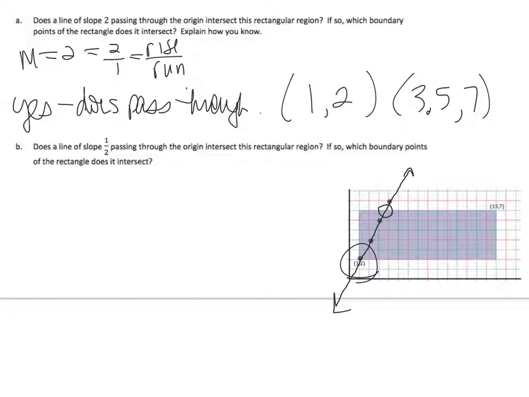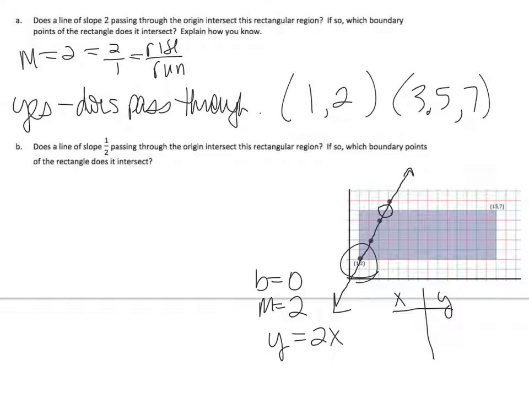How do you know? Well, I drew it. But I do know this is an equation. My y-intercept is 0. My slope is 2, so I can write the equation y equals 2x. I could set up a table where x equals 1, I plug that in, y equals 2.